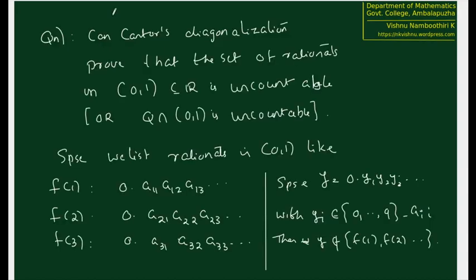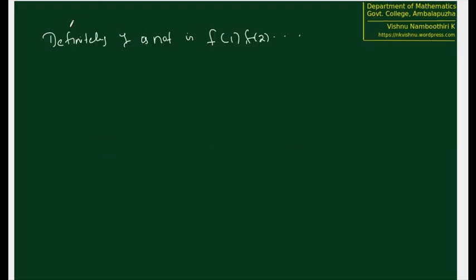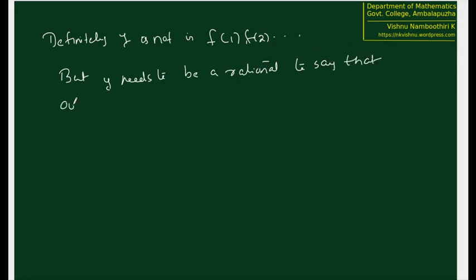But see that to say that y is not in this list and therefore the set of all rationals in 0, 1 is uncountable, we must actually produce a number y that is in 0, 1 that is a rational also. But y needs to be a rational to say that our listing or our enumeration is not complete.